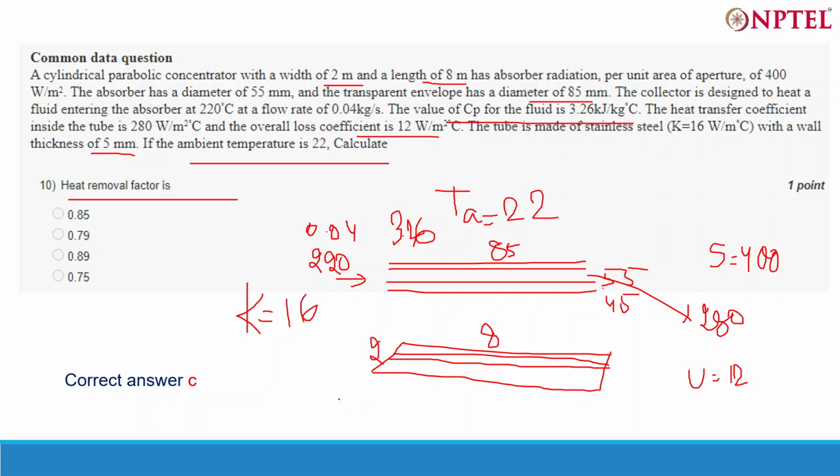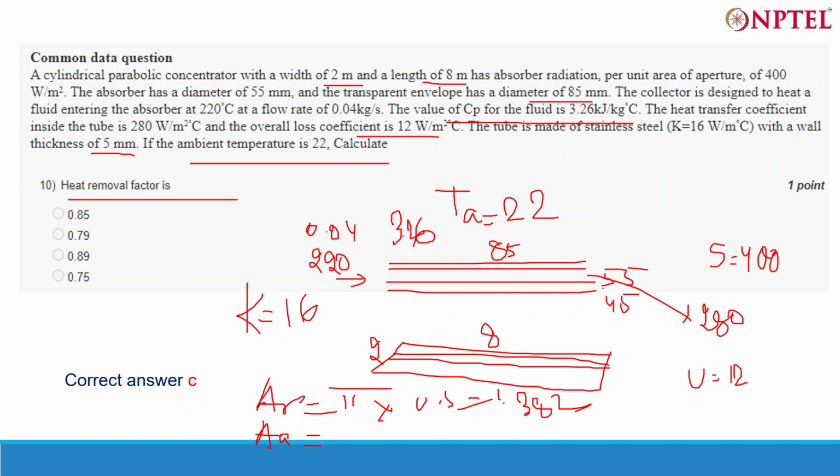So the first thing you need to do is to calculate the area of receiver and the area of aperture. The area of receiver is pi D L, so pi into 0.55 into 8 meter length comes out to be around 1.382.